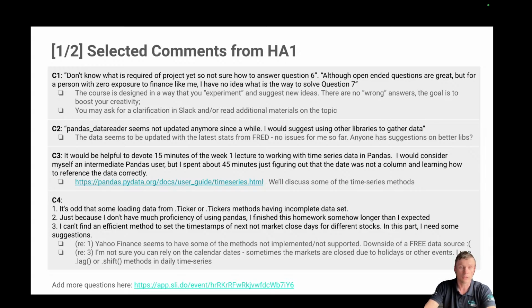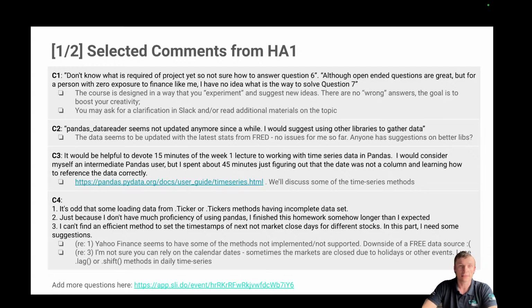So if you don't have time or you don't have anything to say, just leave it empty. If you don't understand the question, ask for clarification in Slack. And you're expected to read additional materials on the topic, because we can't cover everything in detail.